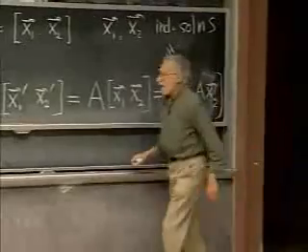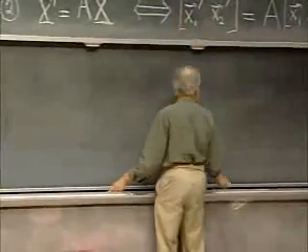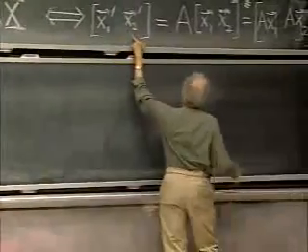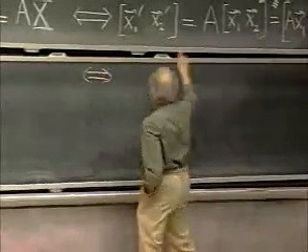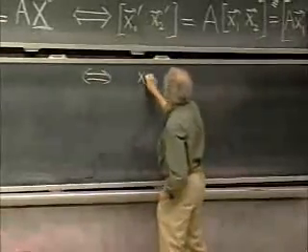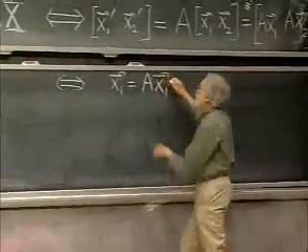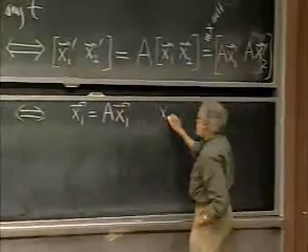Well, good, but where does this get us? Well, you see from that, what does it mean for those two guys to be equal? Well, that's going to happen if and only if x1 prime is equal to Ax1. This guy equals that guy, and similarly for the x2's.